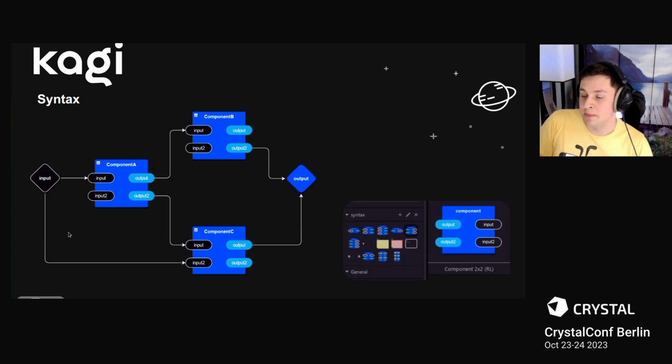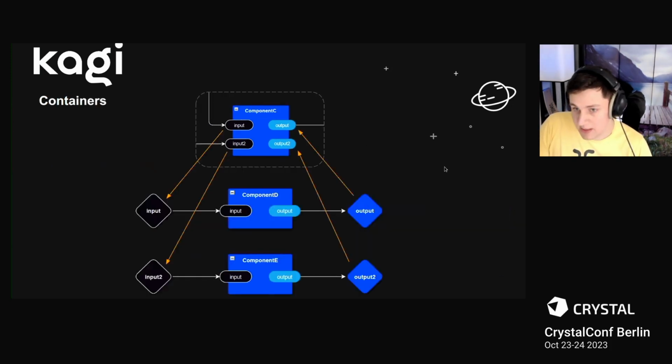And each component here can represent one of two things. It can either be a chunk of native Crystal code, or it can be what we call a container for a subnetwork, encapsulating it in its own internal control flow shown here.